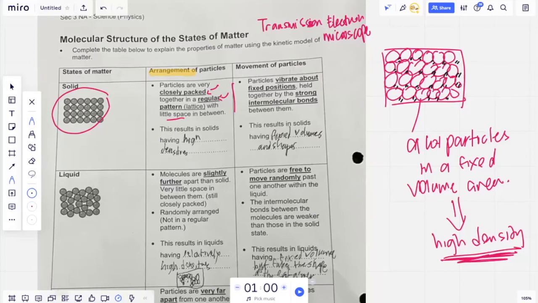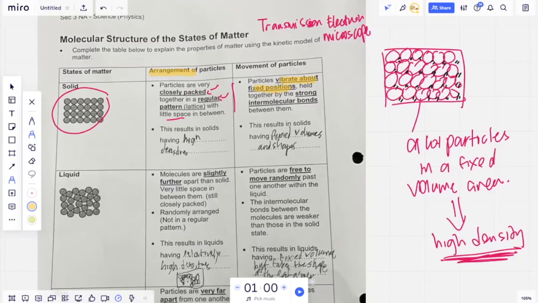Kinetic particle theory says that the atoms or particles are always in continuous random motion. Solid particles are in continuous random motion in their own way. They just sit there and vibrate at their fixed position, constantly bobbing up and down. So this is what they mean here: they vibrate about a fixed position.